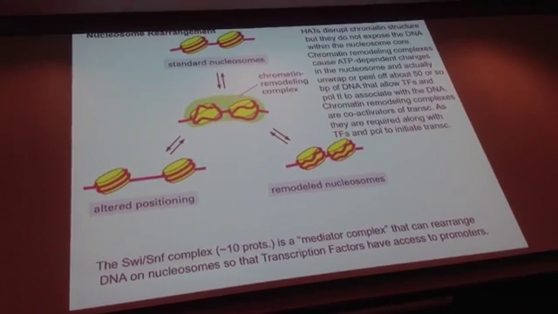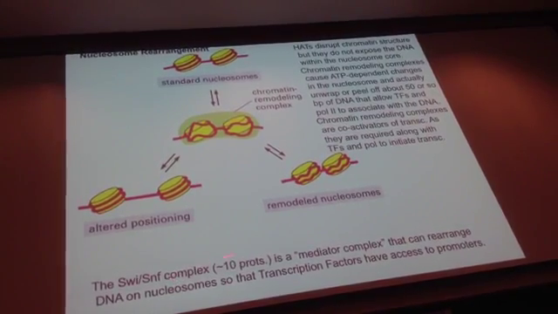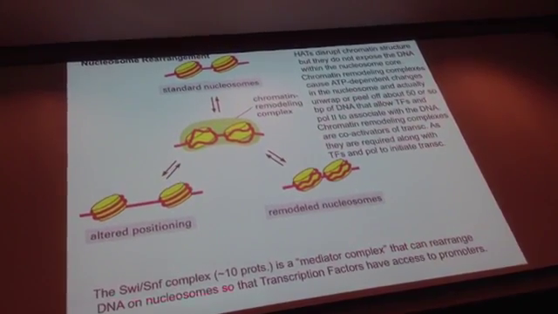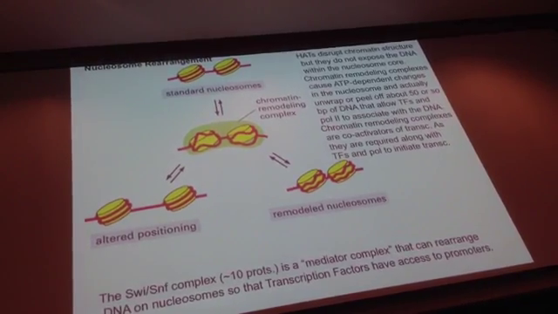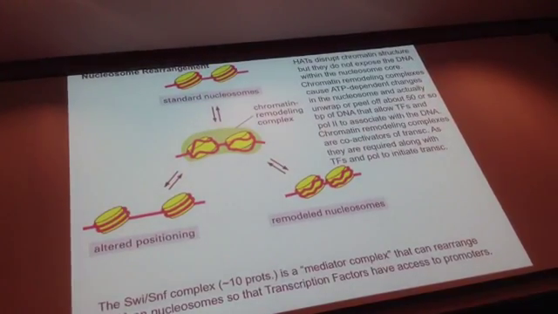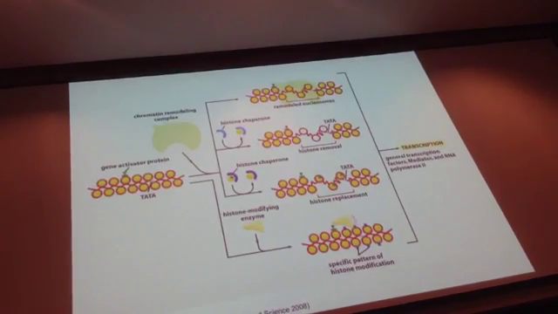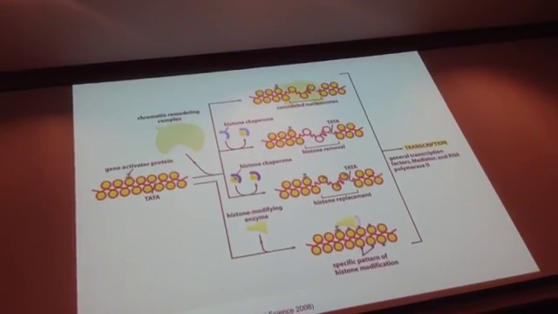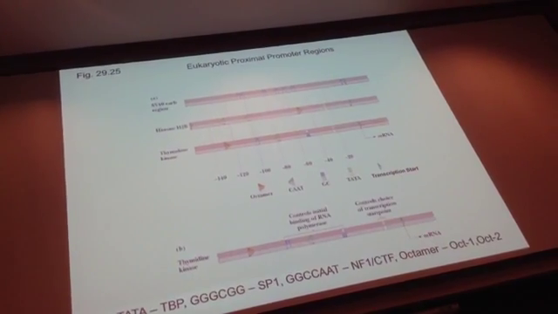And then here's a remodeled nucleosome. The SWI-SNF complex can rearrange DNA in nucleosomes so the transcription factors can bind. That's just one example. So this is the kind of changes that chromatin remodeling complexes make.